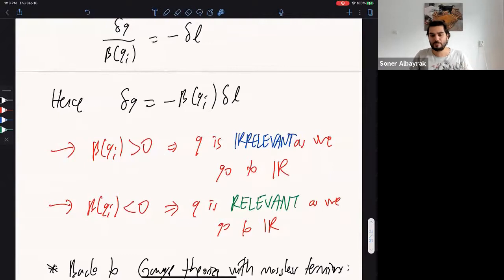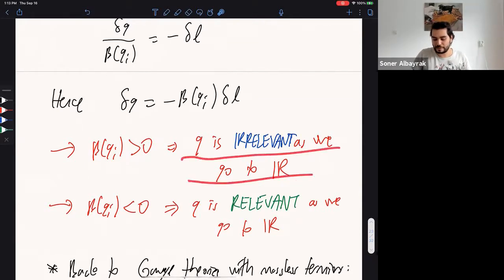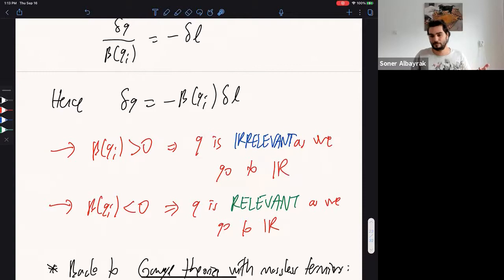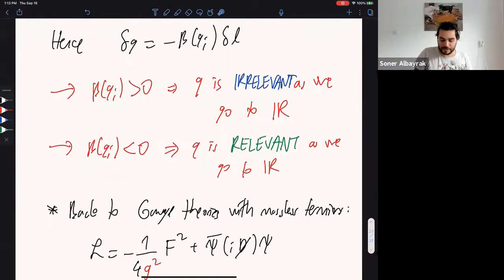So a positive beta function means that the coupling constant will flow back to the fixed point under RG transformation. So it will not go away from the fixed point, and we do not need to tune it. In contrast, if the beta function is negative, that means g is a relevant direction as we go to the IR. If it is a little bit away from the fixed point, it will move further and further away from the fixed point. So we need to tune it externally if we want to stay at the fixed point.